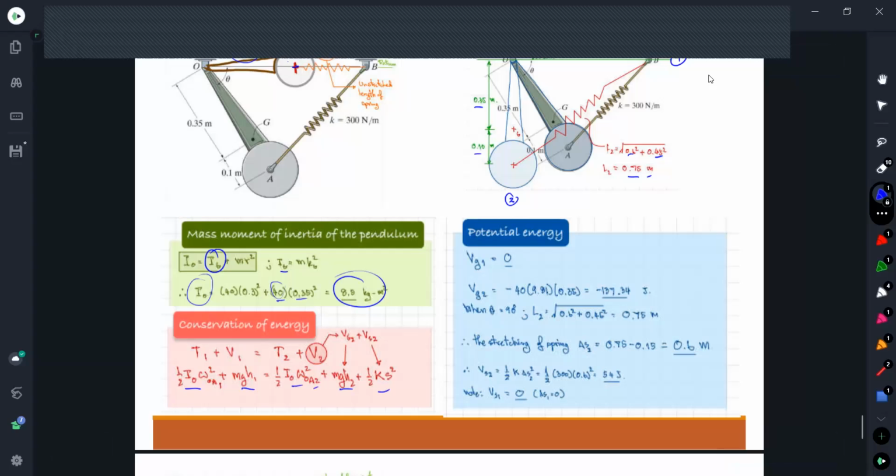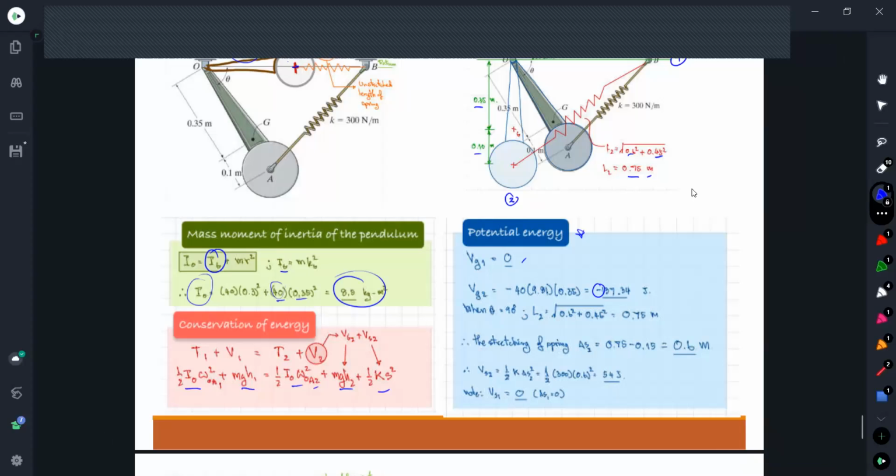Let's go back to consider the potential energy. The potential energy due to gravity at the first position is 0 because it is along the datum. But for the final position, it is minus 137.34 Joule. The negative sign means that the final position is below the datum, so the potential energy due to gravity should be negative.